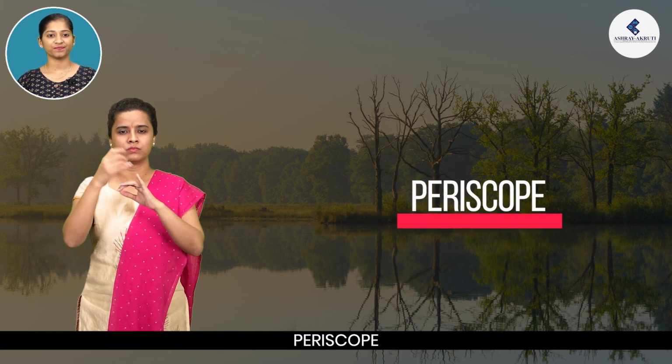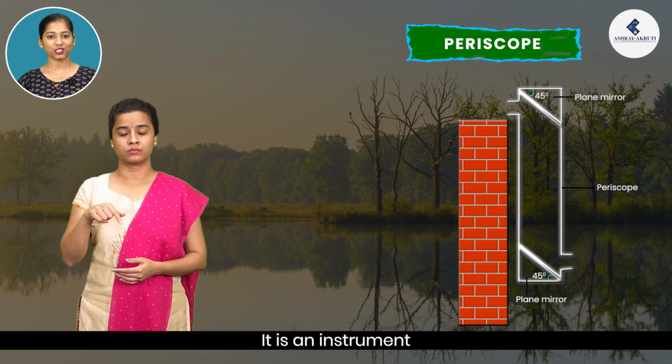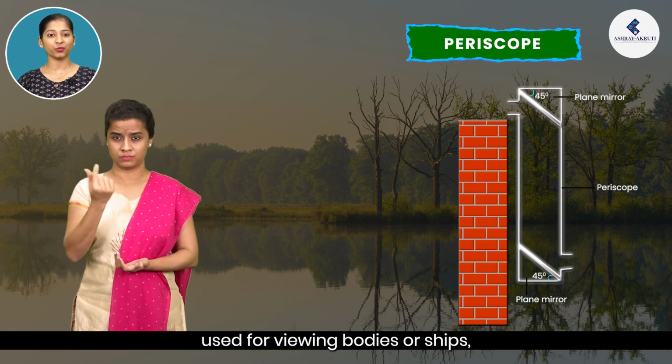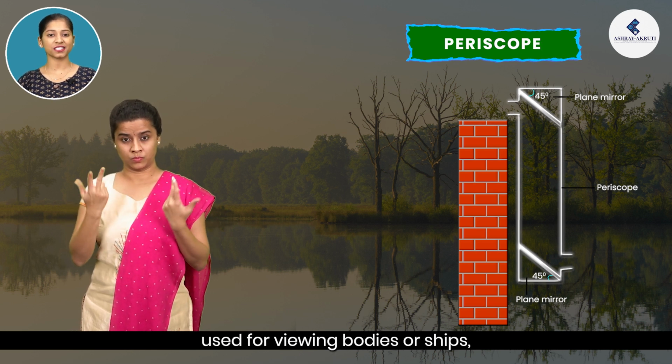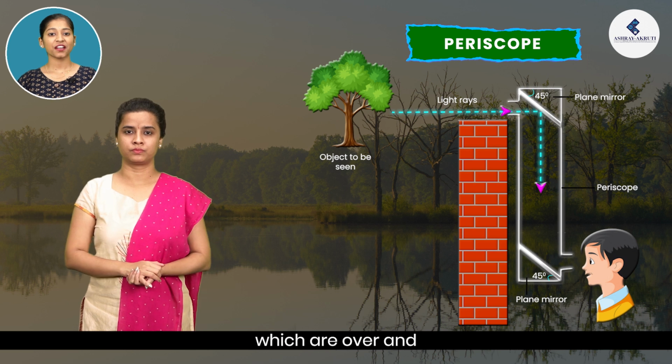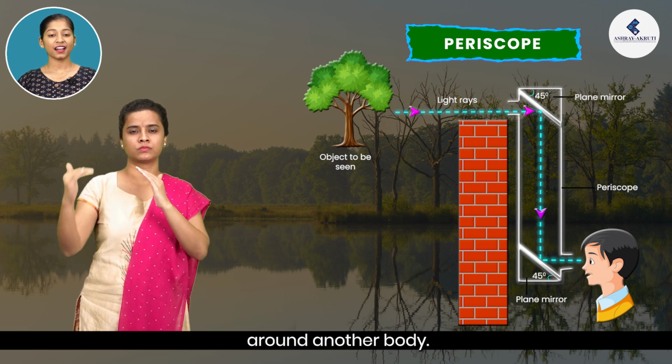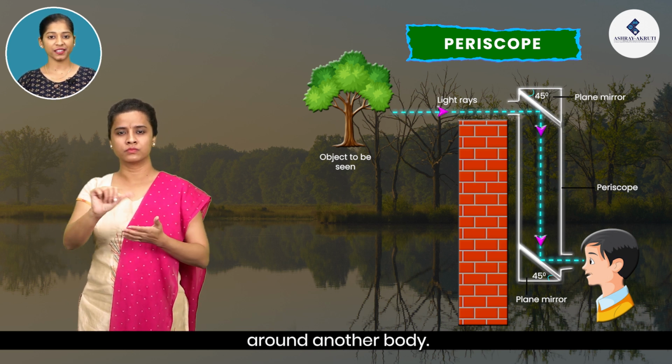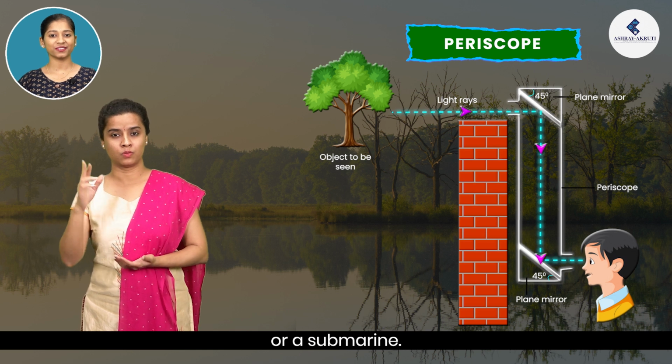Periscope. It is an instrument used for viewing bodies or ships which are over and around another body or a submarine.